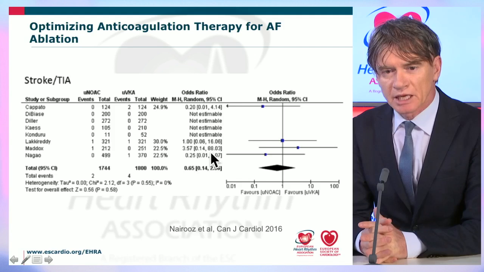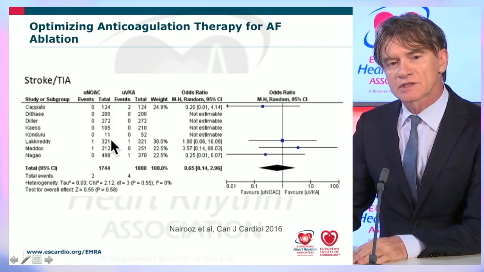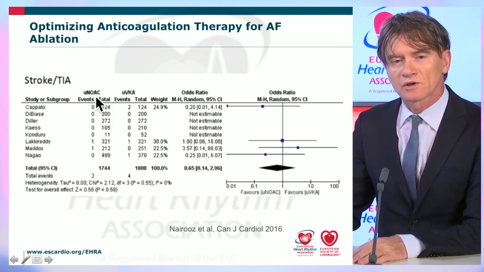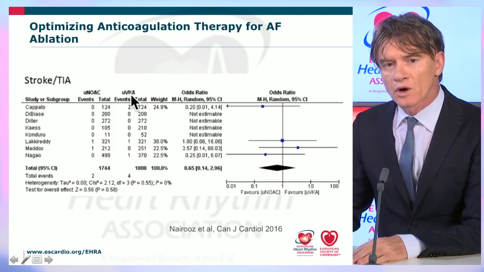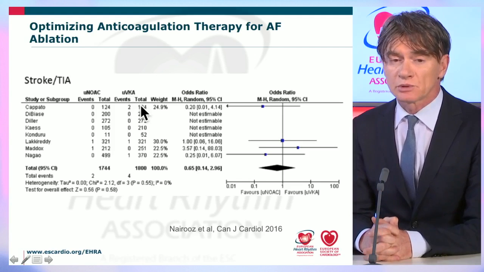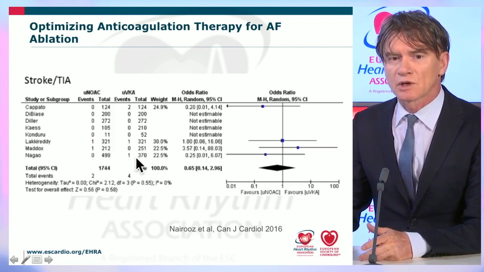In this meta-analysis provided by Nairus and co-workers very recently, a number of studies in which data were available for both patients receiving novel oral anticoagulants or vitamin K antagonists are pooled together, totaling about 800 patients in each of the 2 arms.